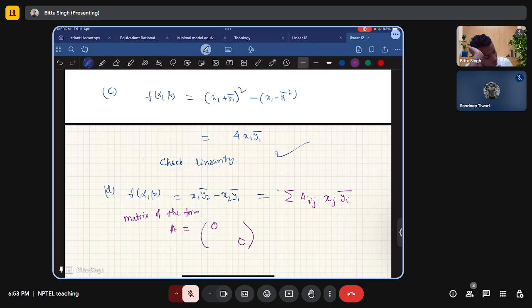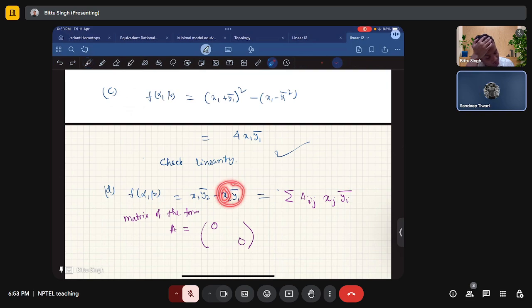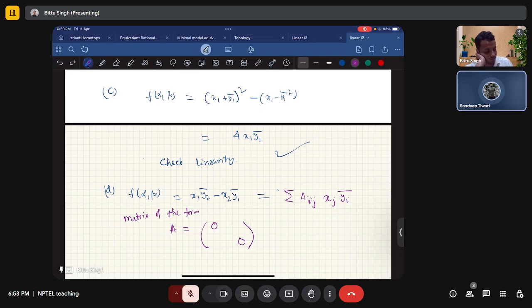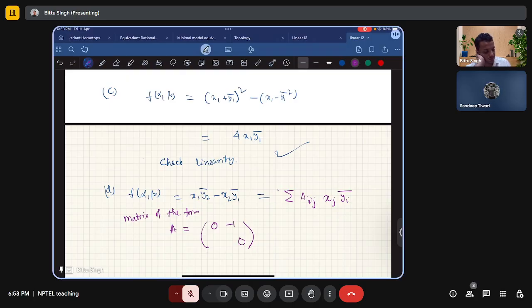Now what about the 1 2th component? With respect to the standard basis, yes, I am taking the standard basis. 1 2 means the component, the image of E1, E2. Also, you can compare from here, right?